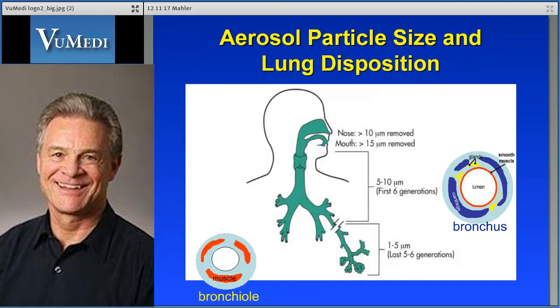A brief review of aerosol particle size and lung deposition. This slide shows a diagram of the upper and lower respiratory tract, and you can see on the right is a cross-section of the bronchus, and this red circle is the smooth muscle that wraps around the bronchus.